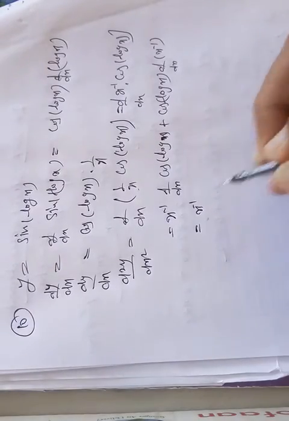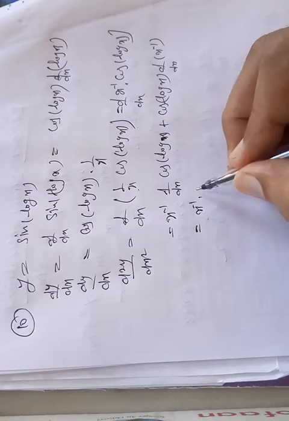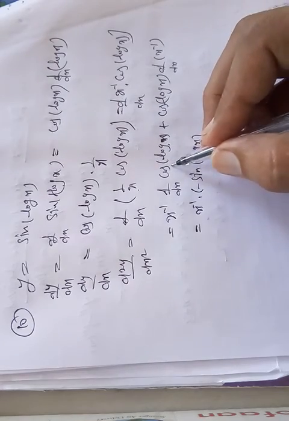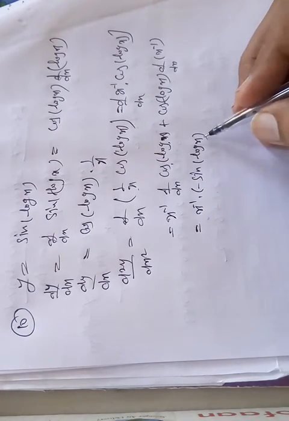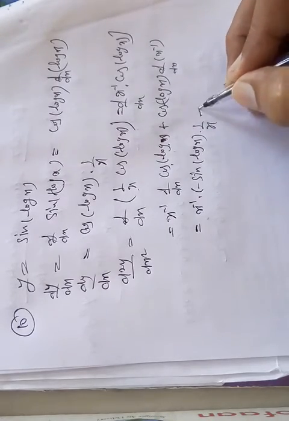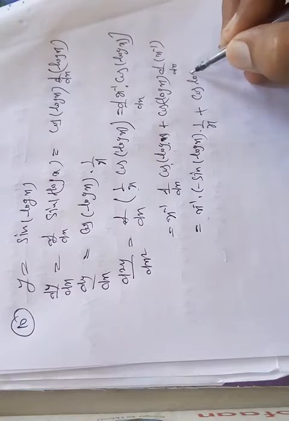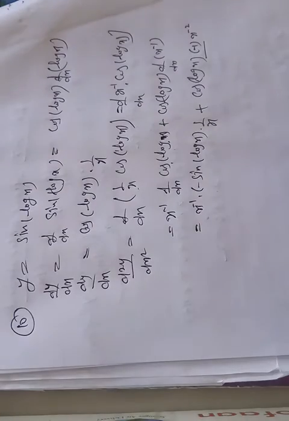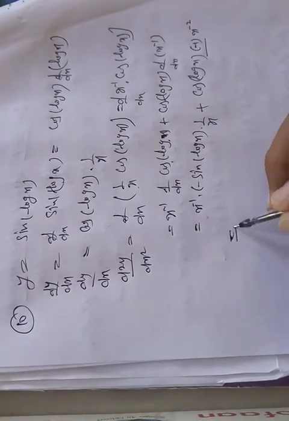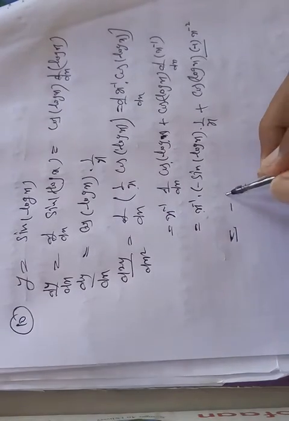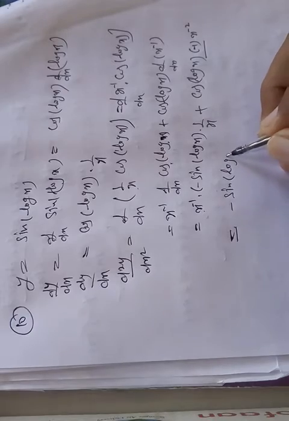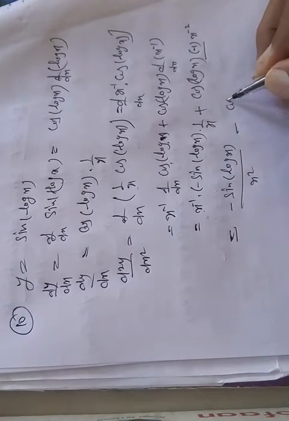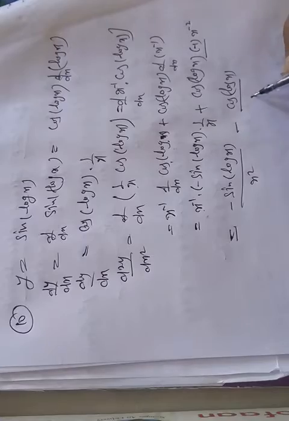The derivative of cos is minus sine log x, times 1 upon x, and the derivative of x inverse is minus 1 upon x square. So this is minus sine log x upon x square minus cos log x upon x square.